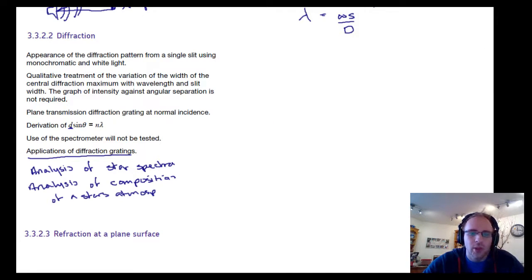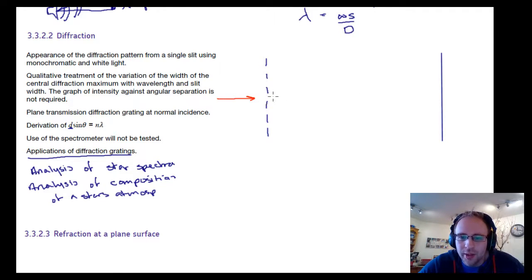Okay, let's think about our diffraction grating like this, and let's go with laser light incident on my diffraction grating.